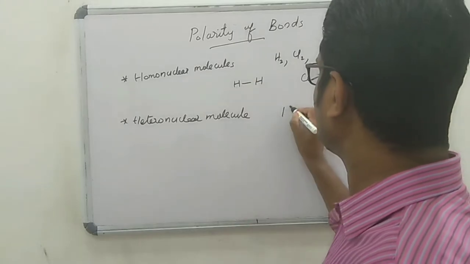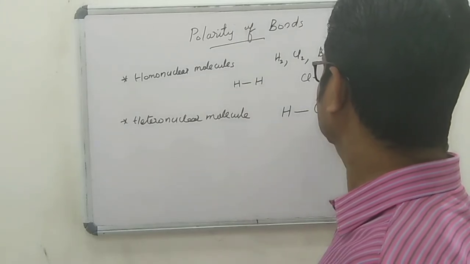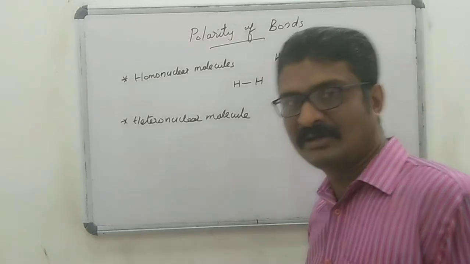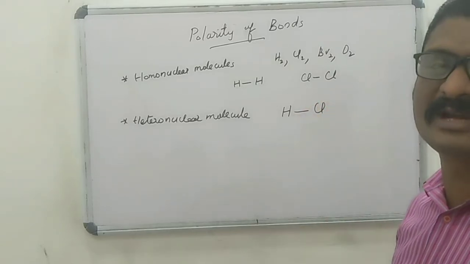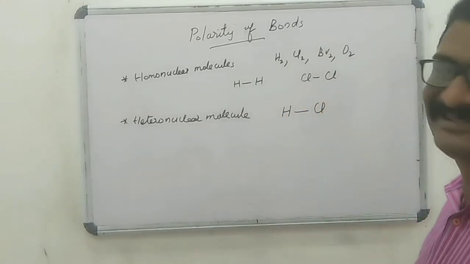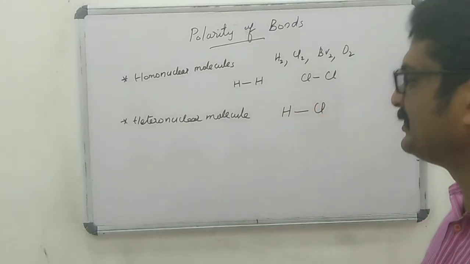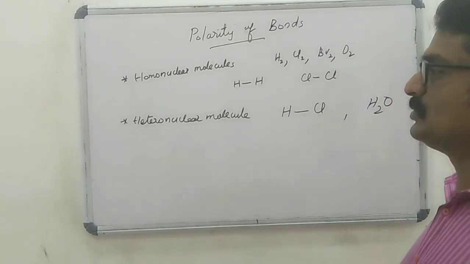But HCl, hydrogen chloride, is an example of a heteronuclear molecule. HCl is formed by the combination of two different atoms, so the nuclei of these two bonded atoms are different. H2O is also a heteronuclear molecule.